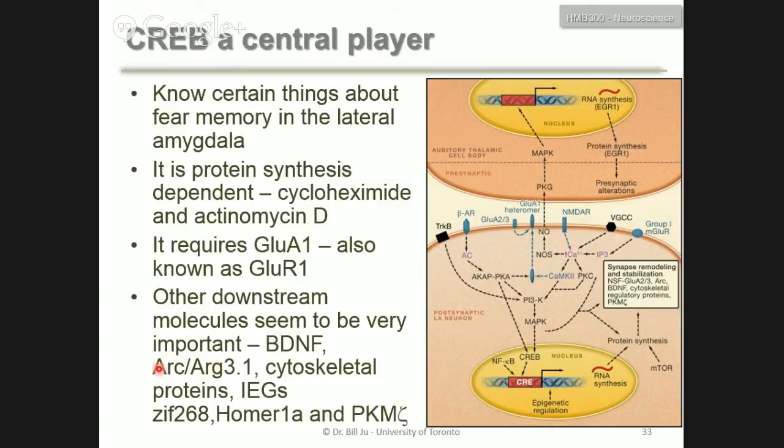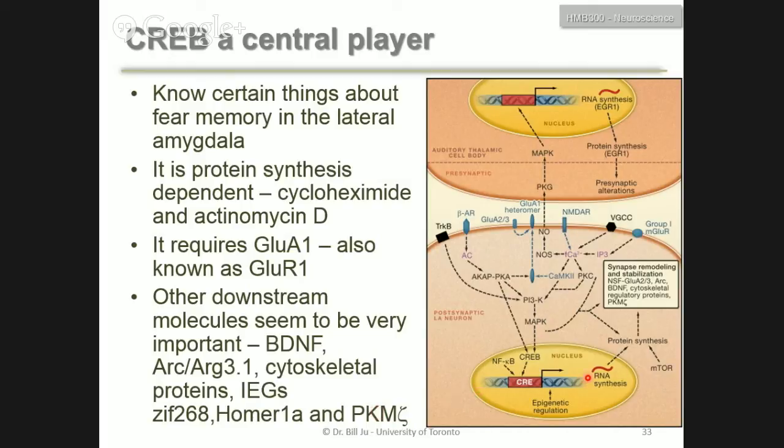You might start to see Arc being expressed, which is an immediate early gene. You might see cytoskeletal proteins being overexpressed, Zif268, Homer 1A, and there have been some implications that in the lateral amygdala, PKM zeta plays a key role in this as well. That hasn't been discredited so far in this area of the brain.